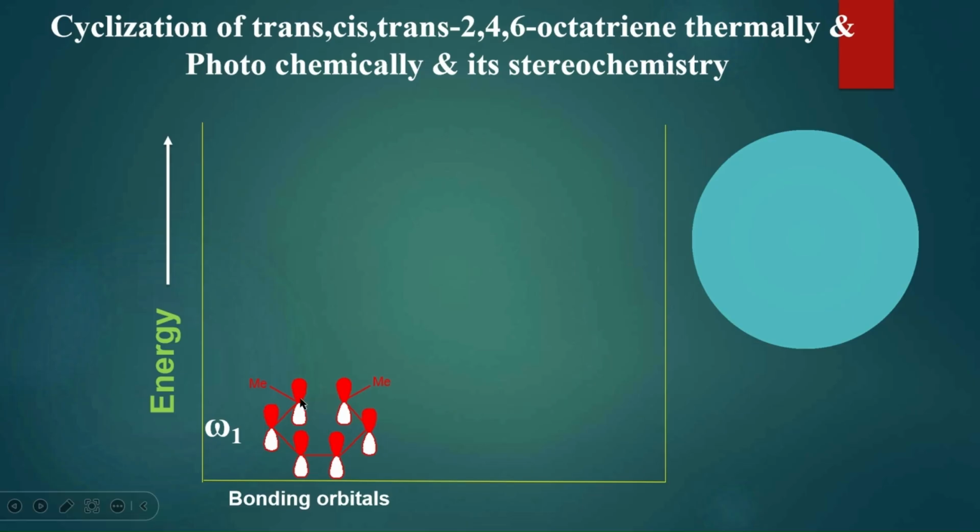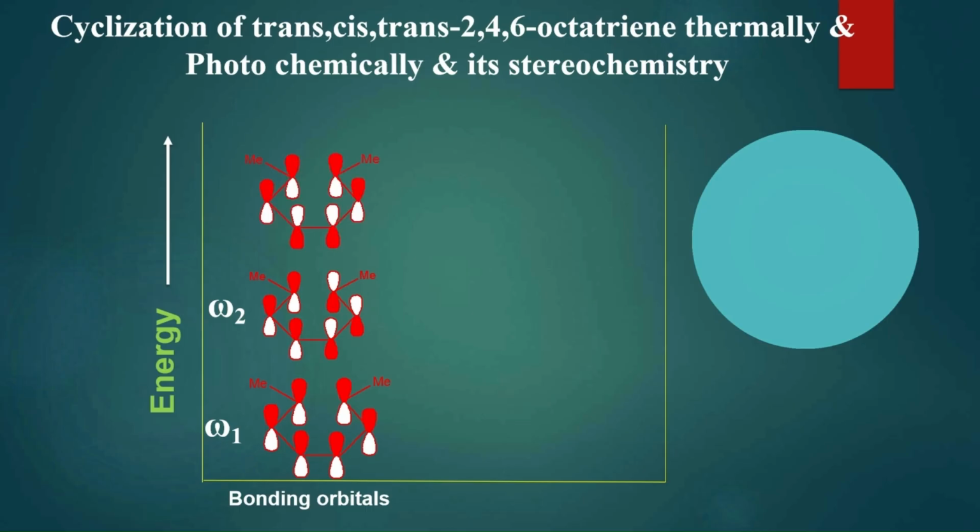Here you see all the 2p orbitals from the 2, 3, 4, 5, 6 and 7 positions are lying in the same phase. In psi 2, it is represented like this. The first 3 2p orbitals at the 2, 3 and 4 positions are in the same phase, and the 5th, 6th and 7th position 2p orbitals are in the opposite phase to the first 3.